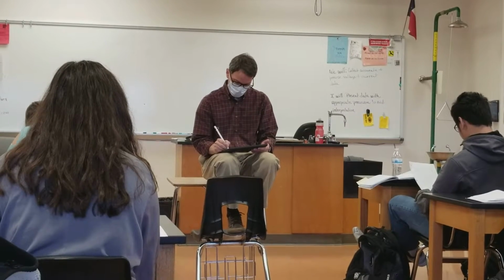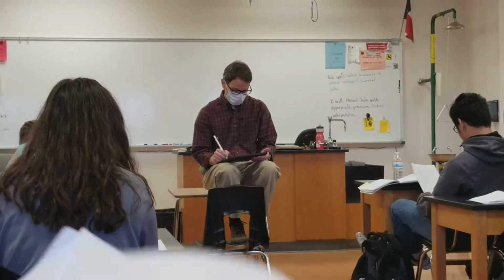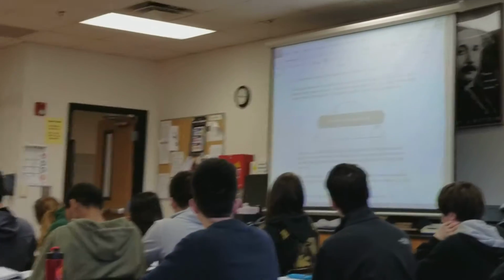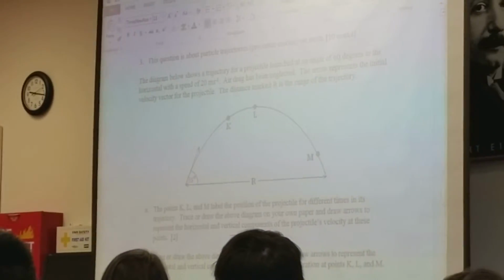So, continuing on with this, we also had this. And we did this quiz in class multiple times. You had to draw arrows to represent the horizontal and vertical velocity components for a projectile. What's going to be true of the horizontal components of the projectile's velocity?